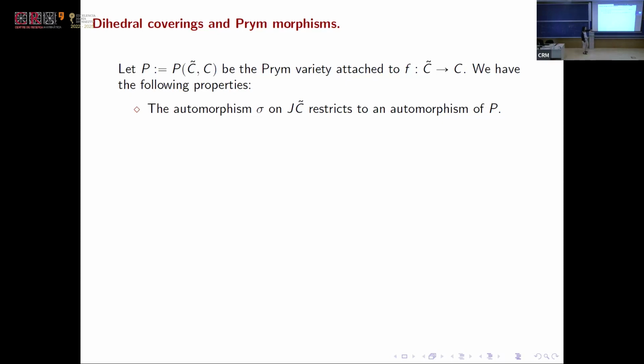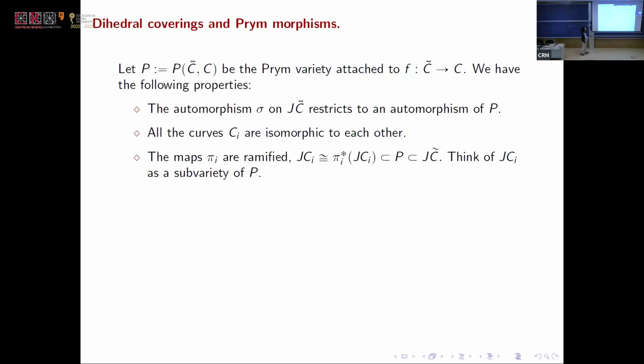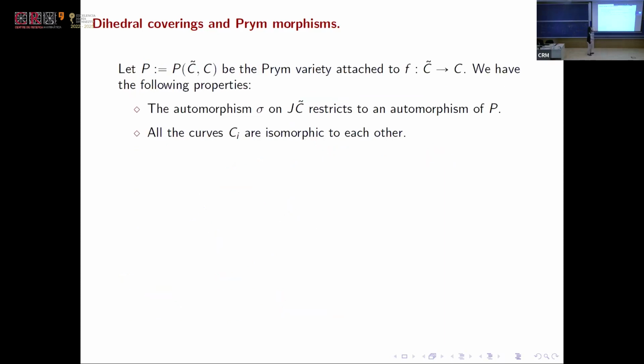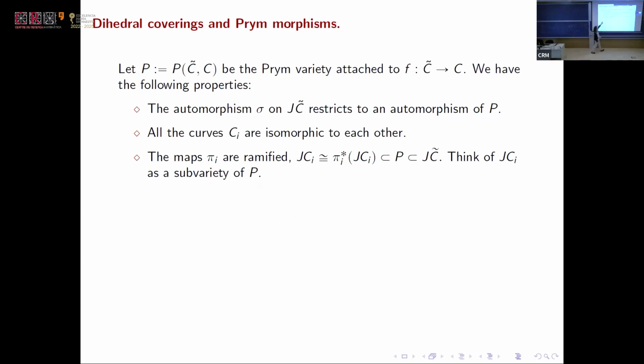So we are getting an abelian variety which admits the action of an automorphism of degree D. Then, as I already said, all the curves Ci are isomorphic. The maps pi i are ramified. Since they are ramified, the Jacobians of these curves inject inside the Jacobian of C tilde. So we have a lot of Jacobians inside this Prym.